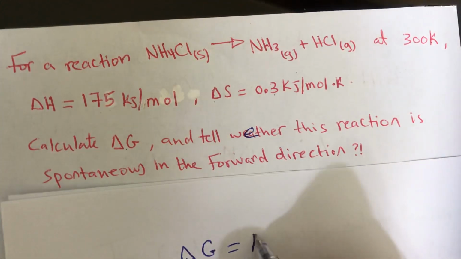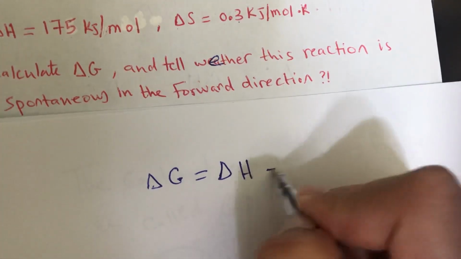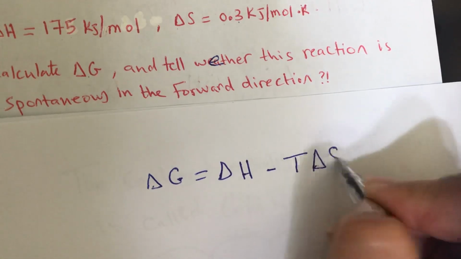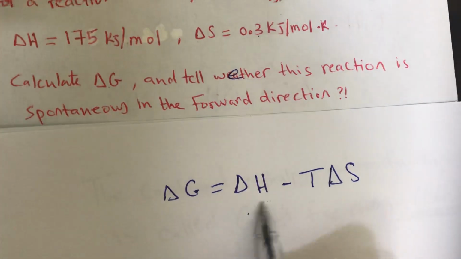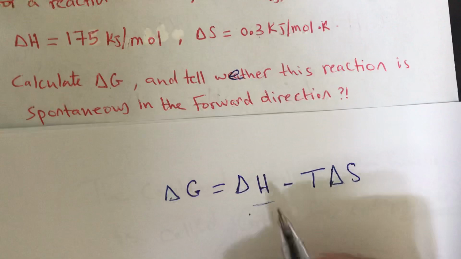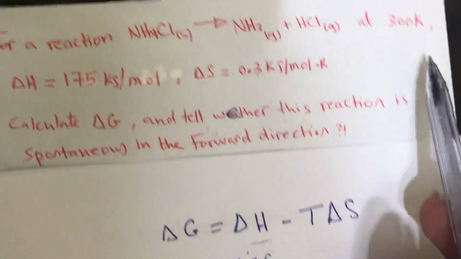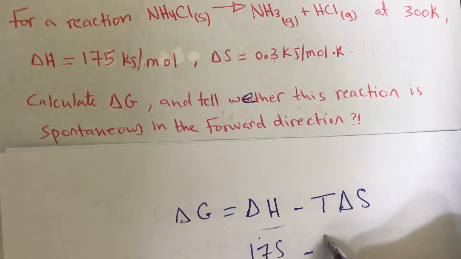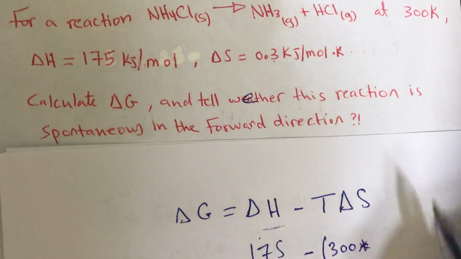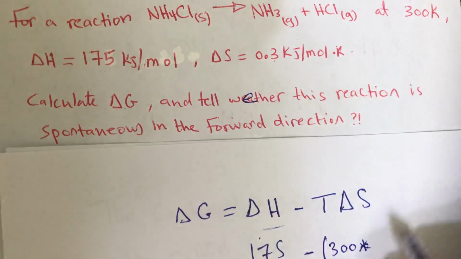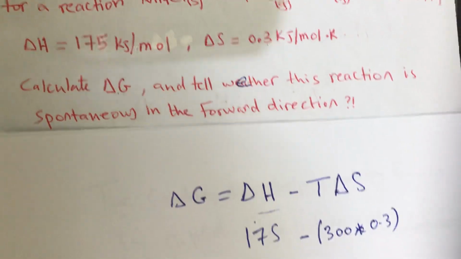So delta G equals delta H minus T delta S. It's equal to 175 minus the temperature, 300, times the entropy, 0.3.